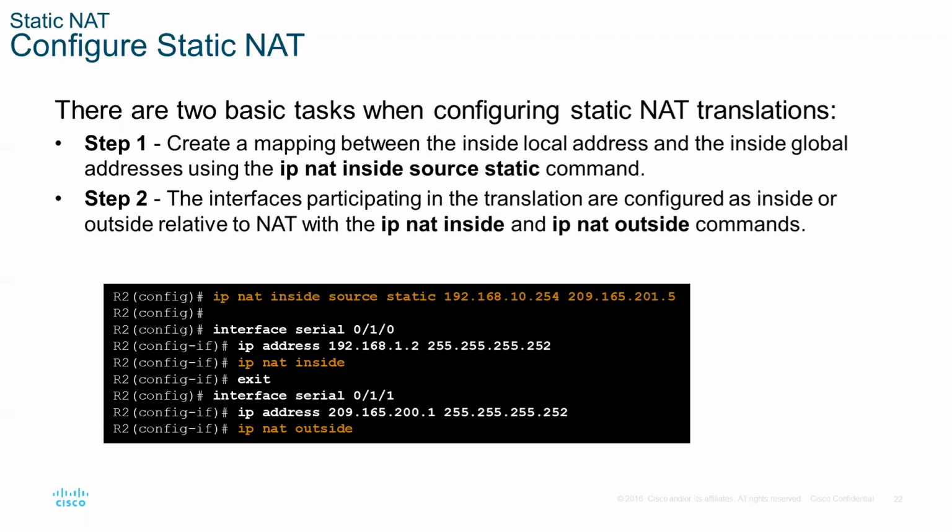We then have to tell the interfaces that they're participating. So ip nat inside or outside. The inside address is where we are using our local addressing. Our outside is where we're using global addressing.